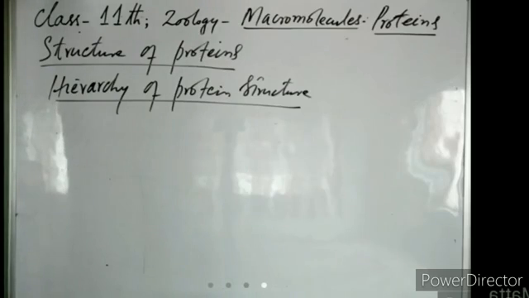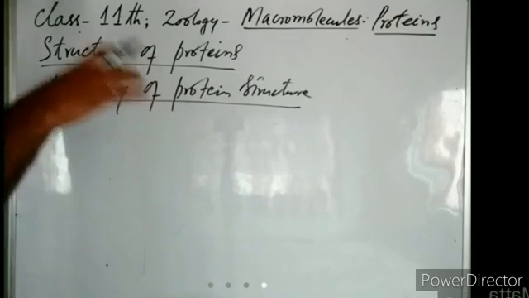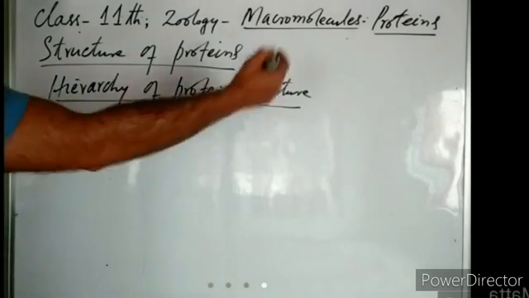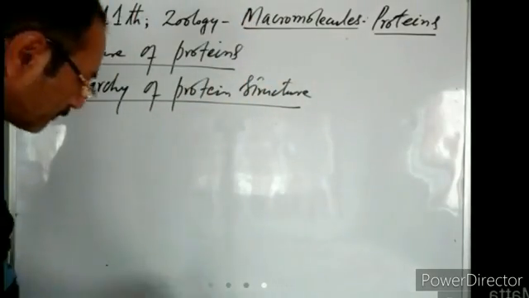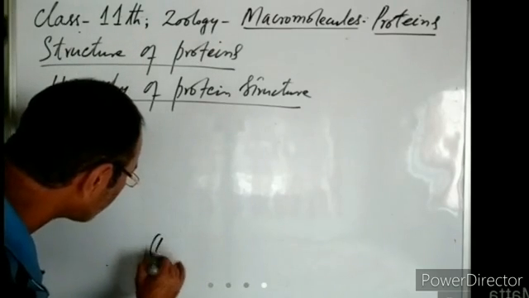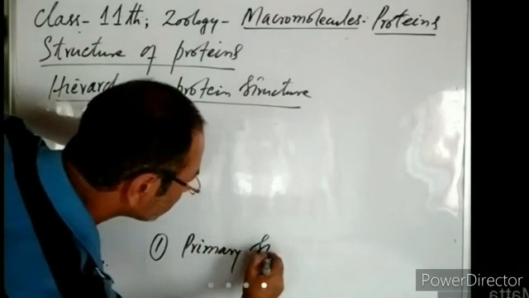Hierarchy means an arrangement in which smaller components of a structure are arranged first, then followed by a little more complex, then a little more complex, then the most complex. In this hierarchy, first a protein forms a simple structure known as the primary structure.